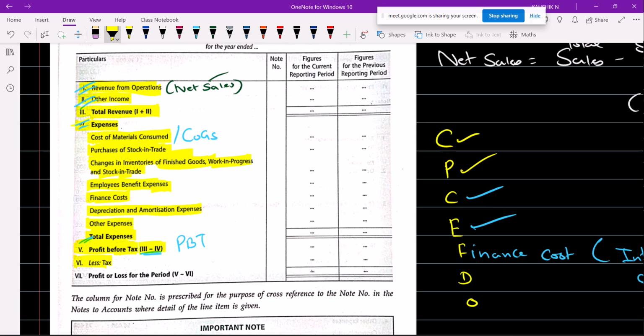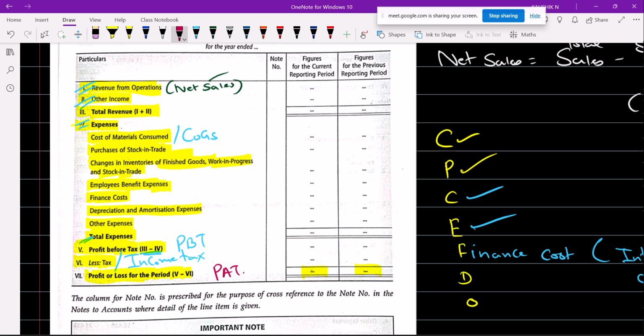So that means less tax, or if it is mentioned as income tax, that is the same. Less tax or less income tax. When you subtract this, finally you'll get a value that we declare as profit or loss for the period, which we call profit after tax.